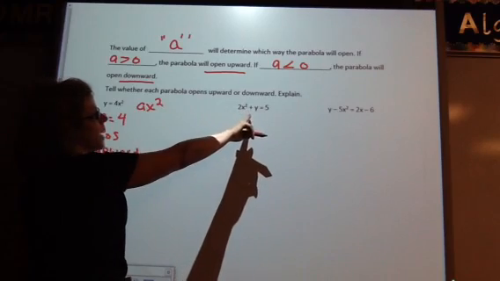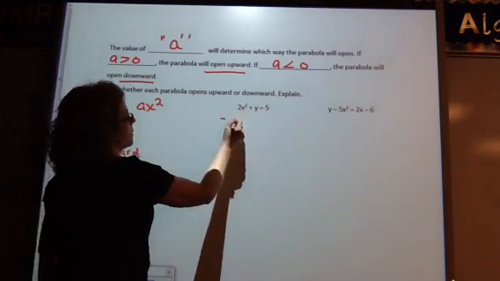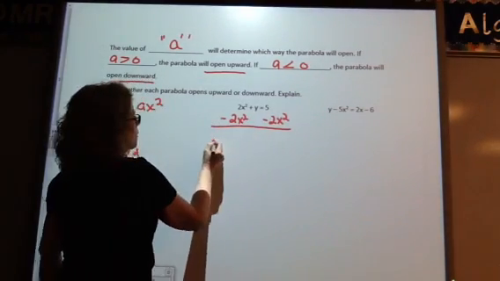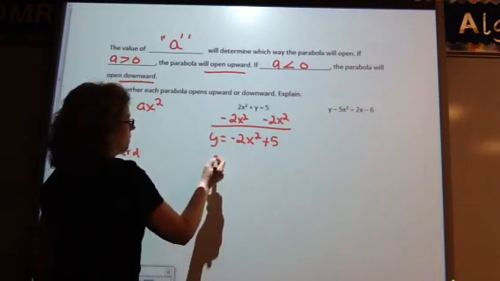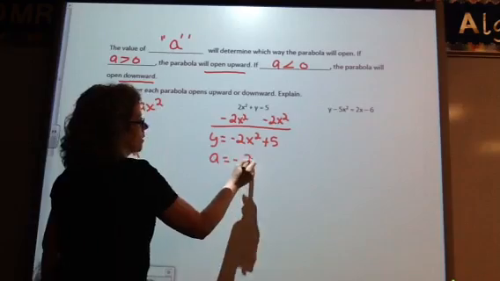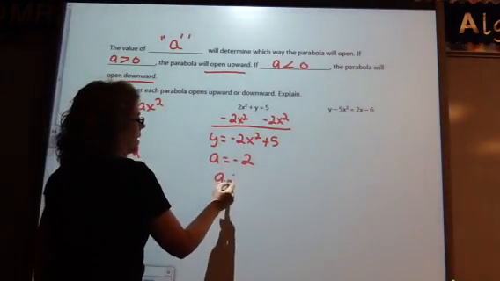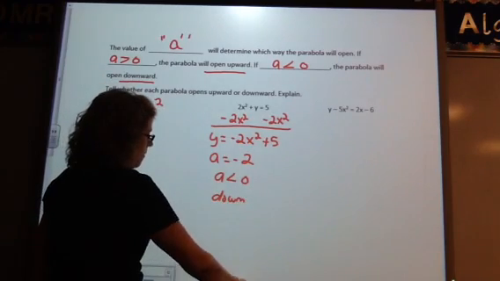Okay? Now, before we can see what a is, we need to isolate our variable y on this one, and y is not isolated, so let's do that. So we have y equals a negative 2x squared plus 5. So a equals negative 2, the coefficient in front of x squared. So a is less than 0, therefore it is downward.